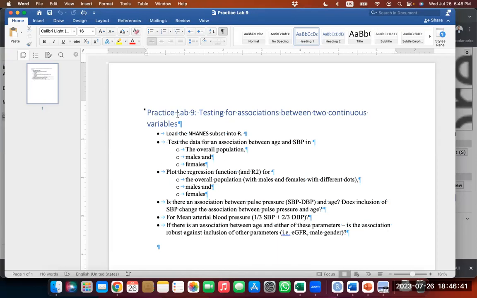So we're looking at a scatter plot. We're fitting a function through that, and we will then calculate an association between pulse pressure and age. Pulse pressure is calculated as the difference between systolic and diastolic blood pressure.